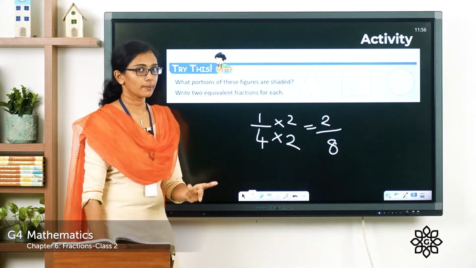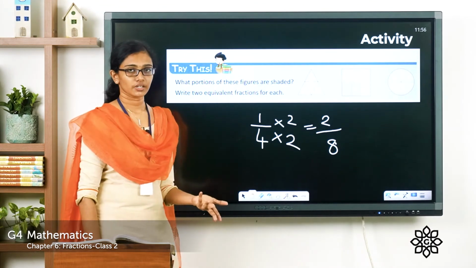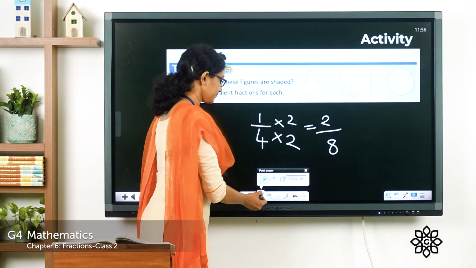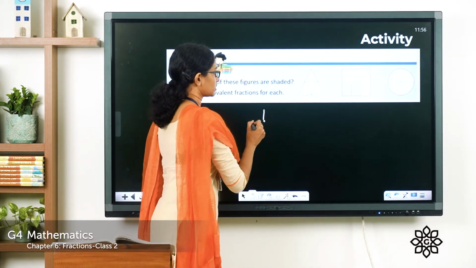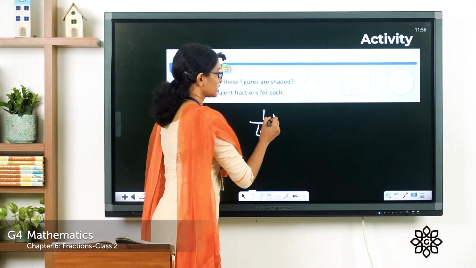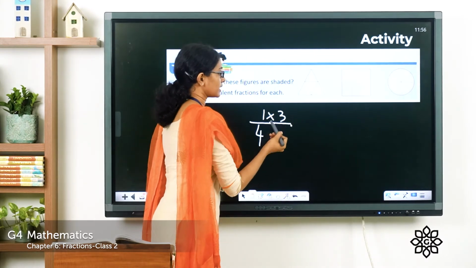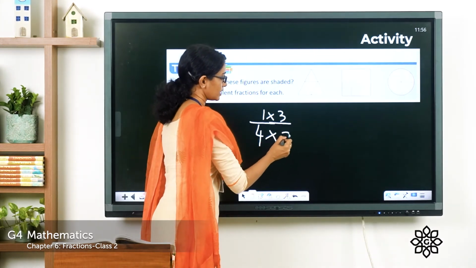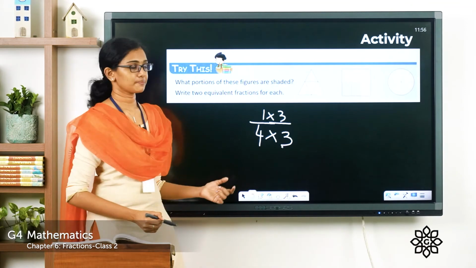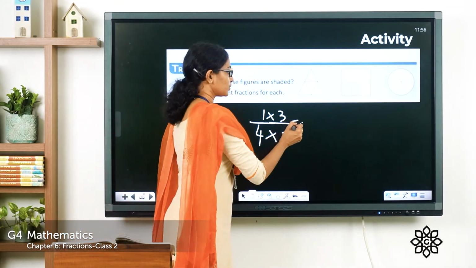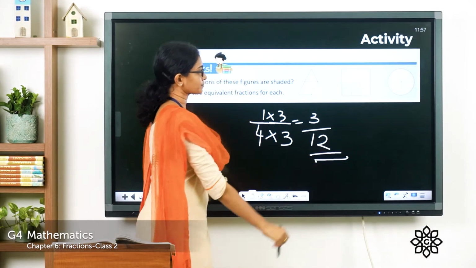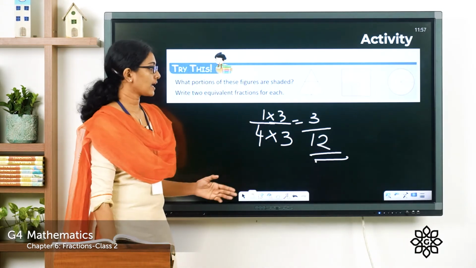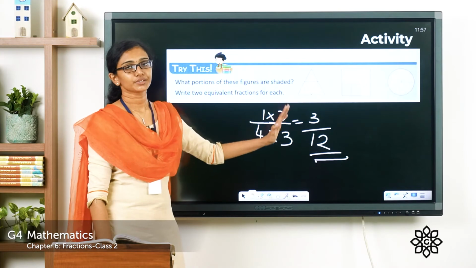So let's take one more number. Let me take 3. So let's multiply both the numerator and denominator by 3. So that gives 1 into 3, 3, 4 into 3, 12. So we have got two equivalent fractions, 2 by 8 and 3 by 12.